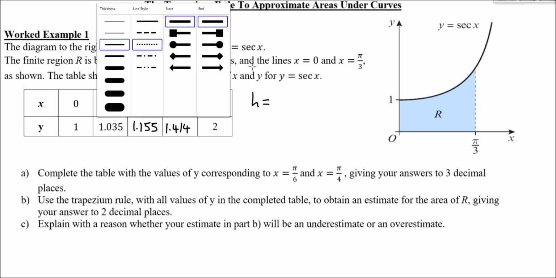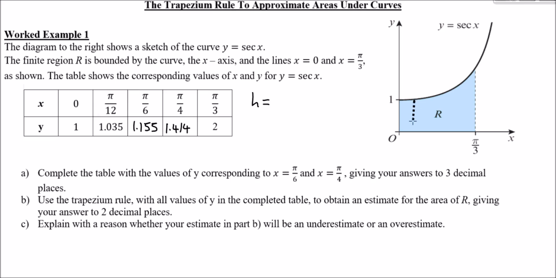We've got one where x is going to be pi over 12, which is there, pi over 6, pi over 4, pi over 3. So x being equal to 0, pi over 12, pi over 6, pi over 4, and pi over 3. So that's just trying to show you that although there's 5 different values, the number of strips is actually going to be 1 less always.